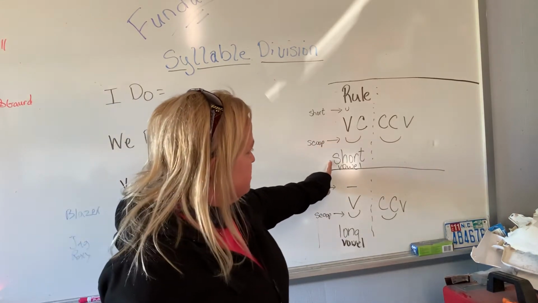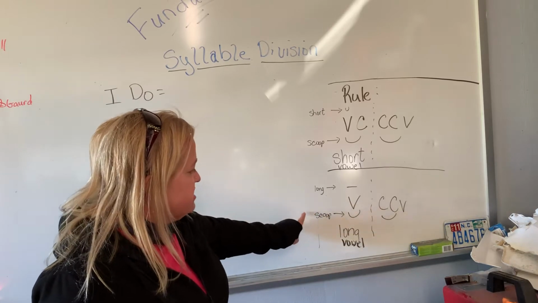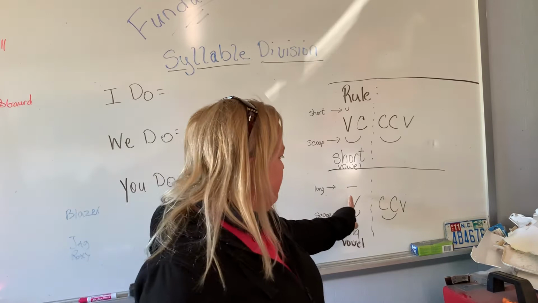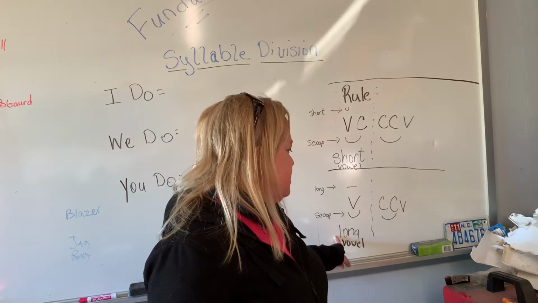Okay, so this is going to be our short vowel. And our second rule to this syllable division is anytime we have a vowel and a consonant vowel, it's going to make a long sound.